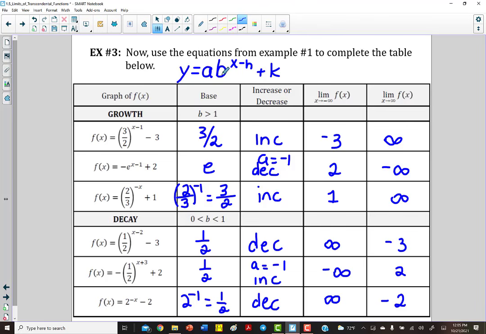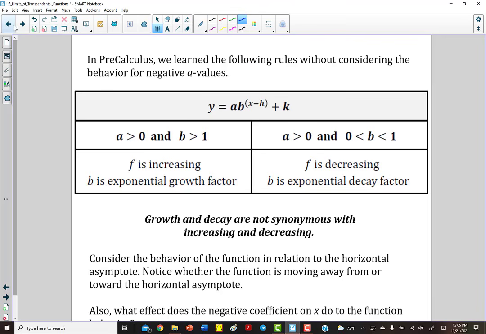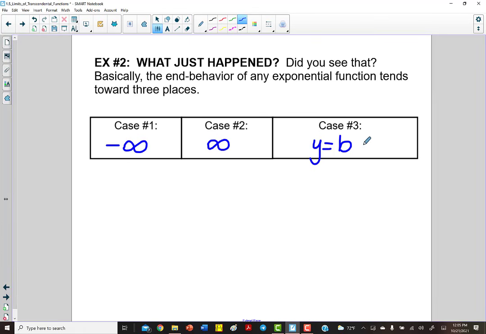So in this case, let's back up a minute. I don't want to confuse you. In this b, that's my horizontal asymptote at some b value. That is not b the base.